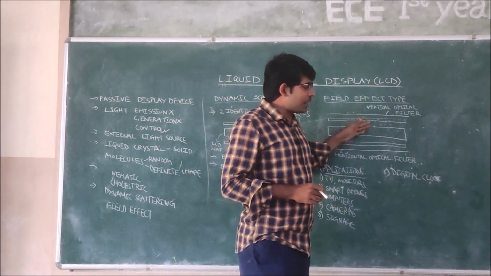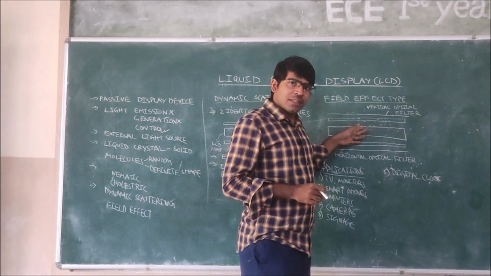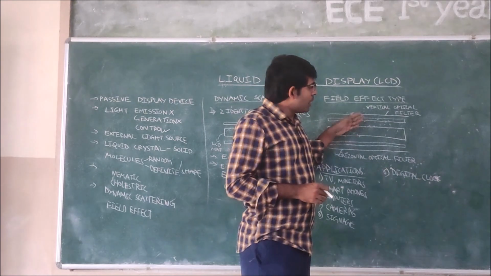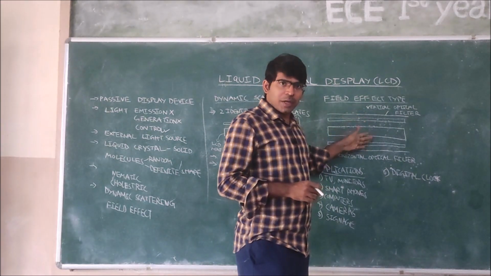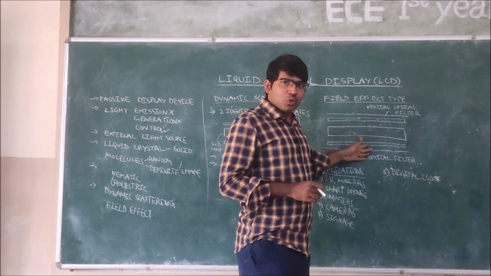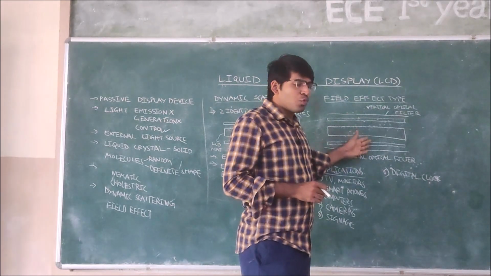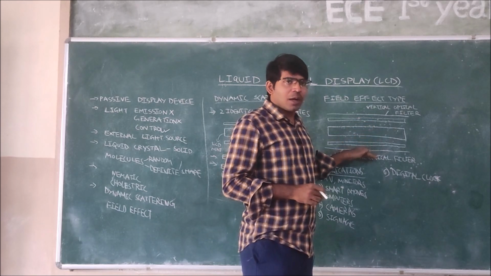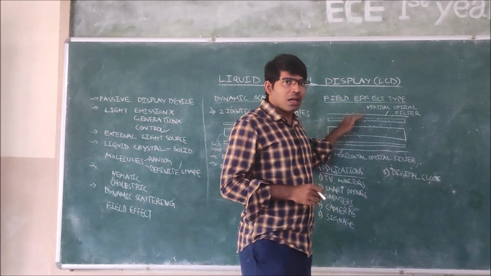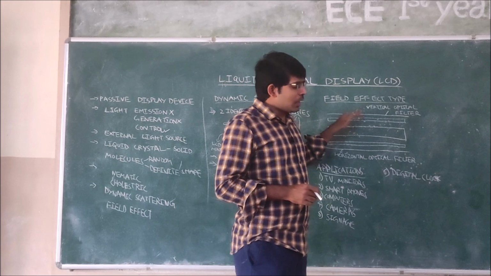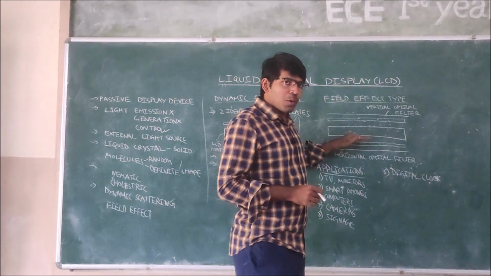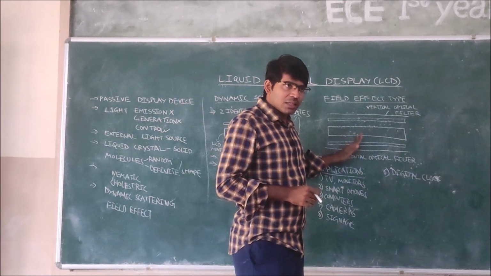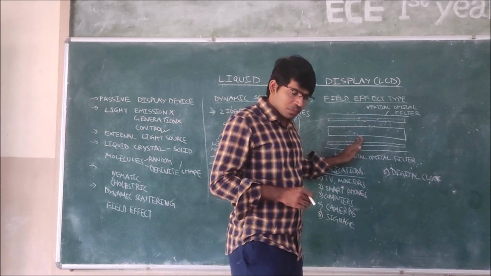In this field effect type, we are taking the LCD material and also two glass plates. Along with these two glass plates, we are also taking two optical filters. One is a horizontal optical filter, second one is a vertical optical filter. When the horizontally polarized light goes through the horizontal optical filter, it will be allowed.